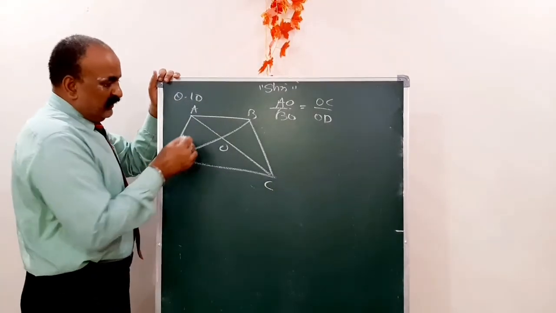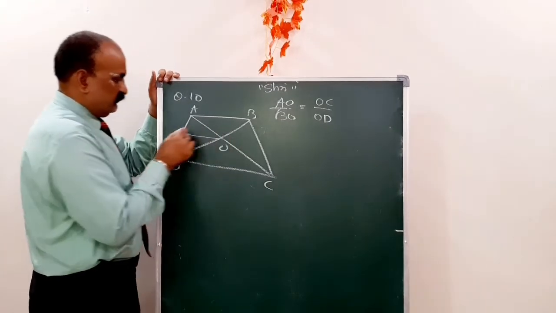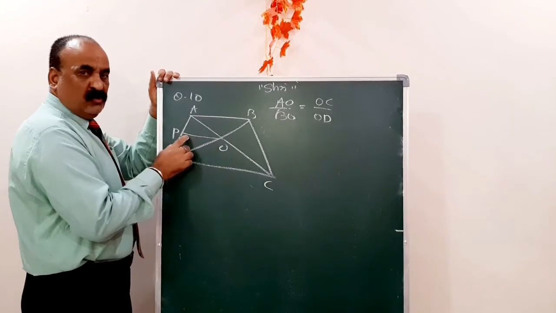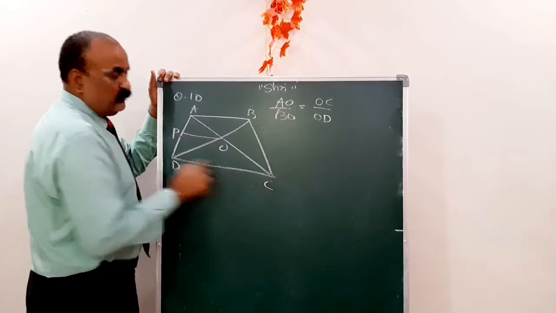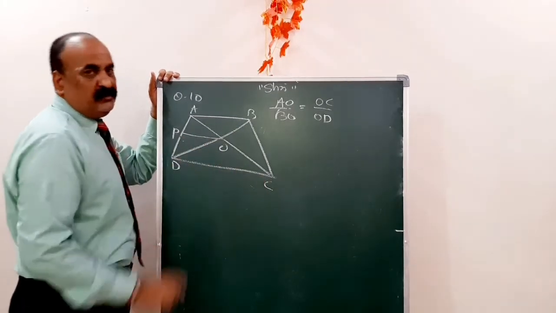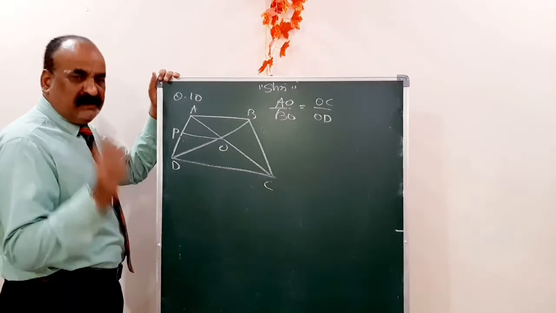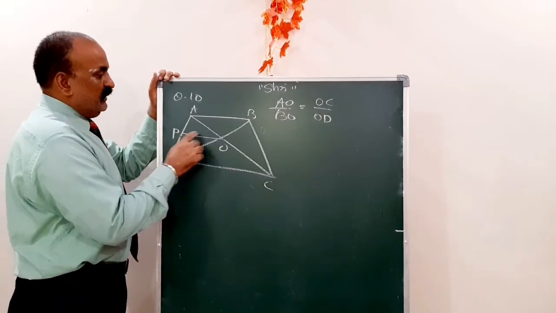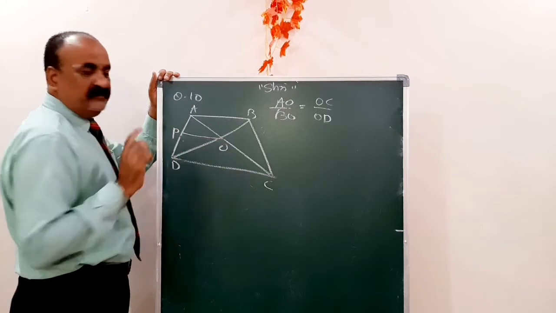Construction. Draw a line PO parallel to DC. Again I am telling you the construction. Draw a line PO parallel to DC.